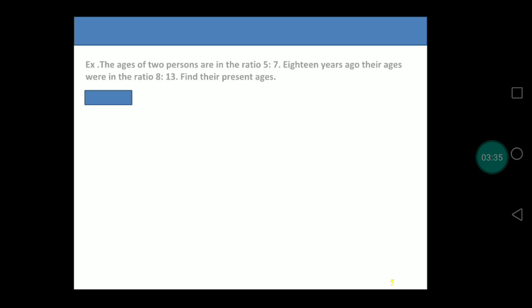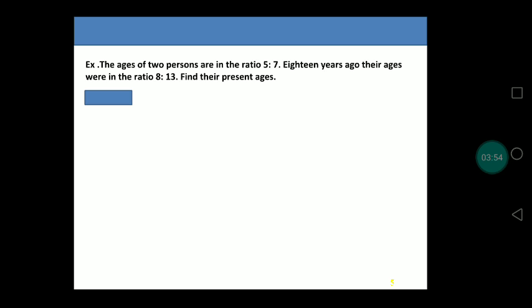Now related to this, I will give you an example. See how to solve this example. Look at here. The ages of two persons are in the ratio 5:7. 18 years ago, their ages were in the ratio 8:13. So find their present ages. What is given here?